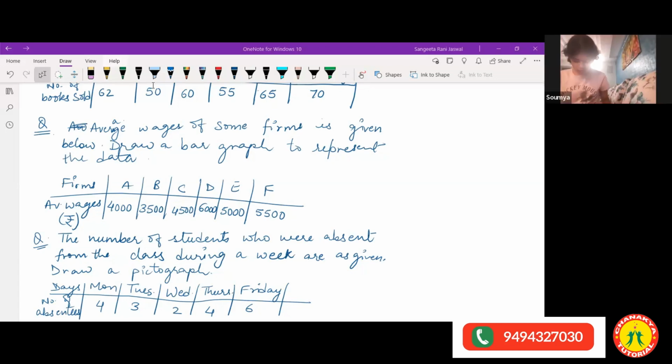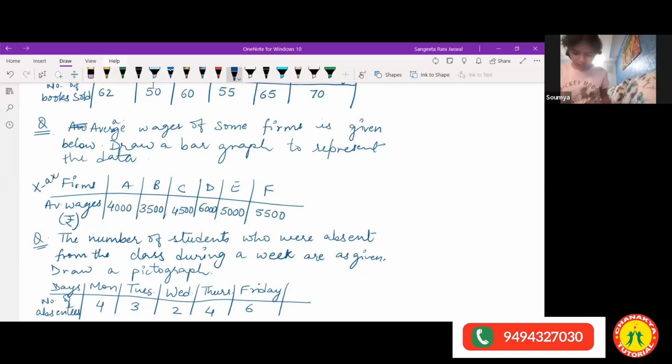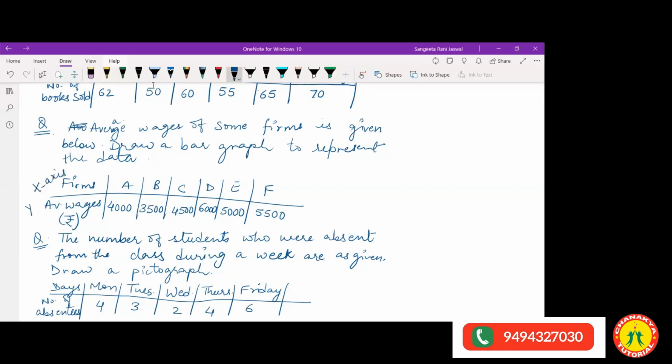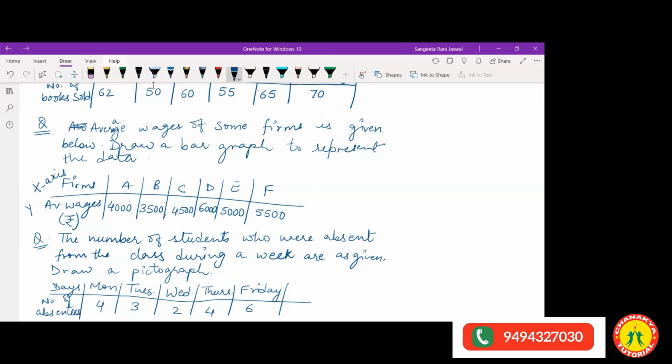Yes, ma'am. Ma'am, that's what I wrote. No, you were saying something different. Your firms are on x-axis. No, ma'am, my firms are in y-axis only, ma'am. I wrote it on the scale. Bring it closer. Show it closer.